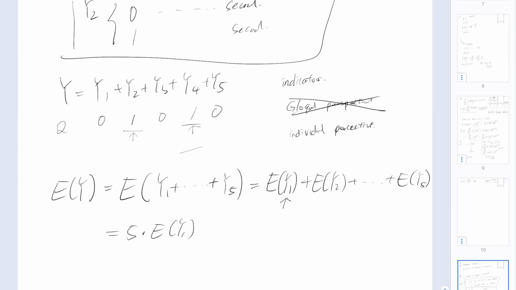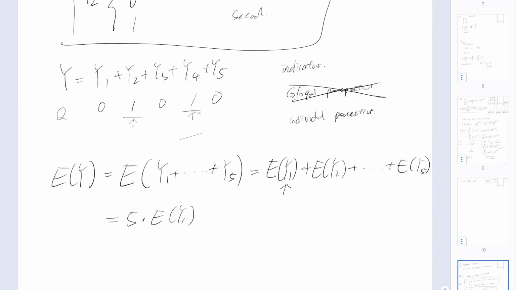And another way to think about this: the expectation of y1 is just 1/13, because there are 4 queens out of 52 cards.